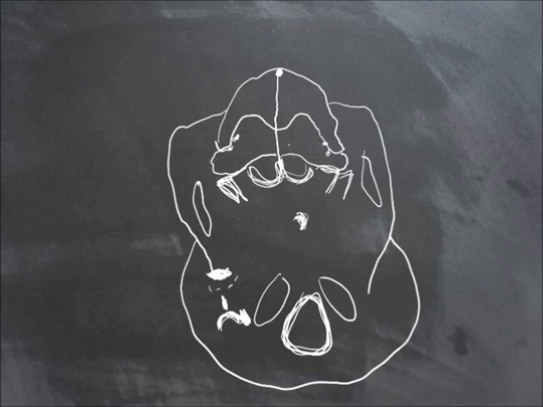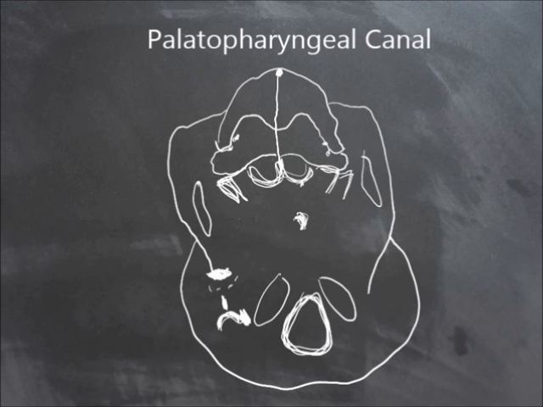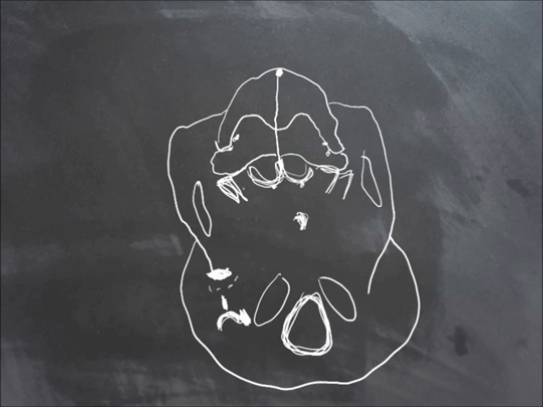Posterior to the choanae, we have the palatopharyngeal canal, just a small little hole there. Posterior to the medial pterygoid process, just at the bottom, we have the pterygoid canal. So here we have the palatopharyngeal canal, and here we have the pterygoid canal.